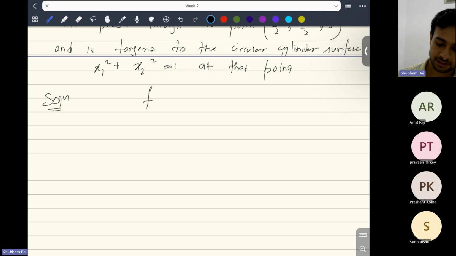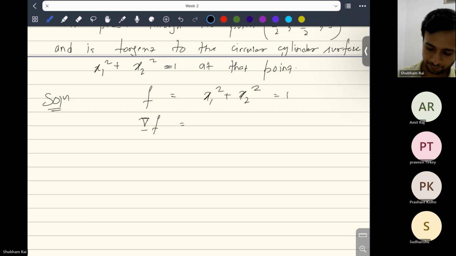So let's represent this isosurface as f is equal to x1 square plus x2 square, and that is equal to 1. If I try to find the gradient of that, that will be nothing but del f by del x1 e1 plus del f by del x2 e2.